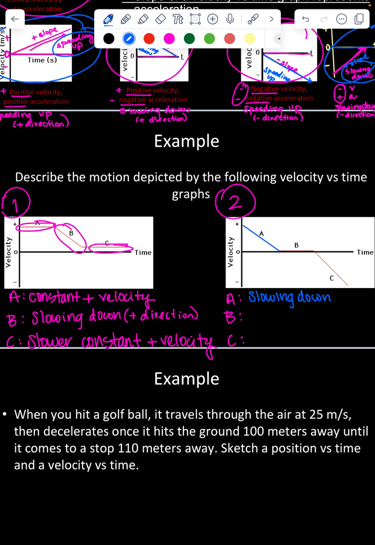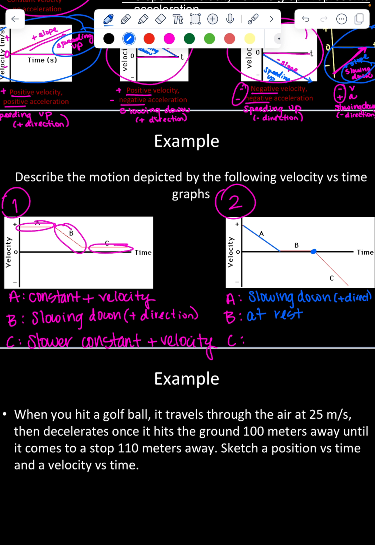Now, it is still above 0, so it's still in that positive direction, so it's slowing down in the positive direction. Now, B is a straight horizontal line on 0. So if something is on 0, that means that it's not moving. It is at rest.